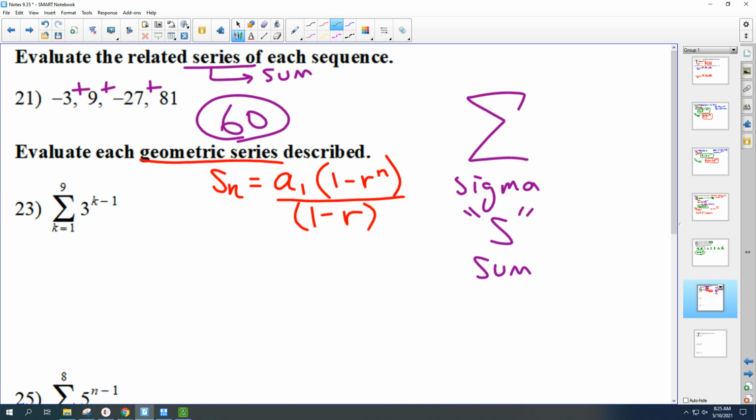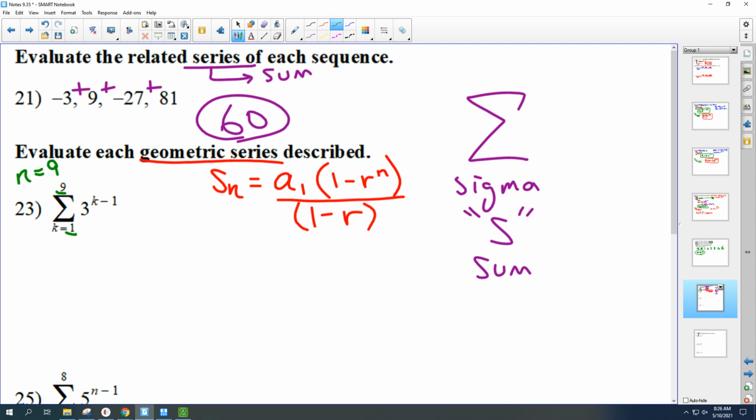When we look at our sigma statement, number 23, a couple of things you should be able to notice. First of all, if we start at 1 and go to 9, you should be able to see that n equals 9. Now, it's not always the case that n is just that top number. If we started at something other than 1, it wouldn't be that top number.